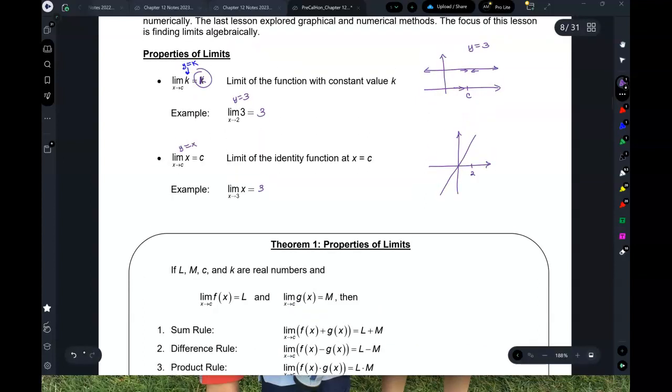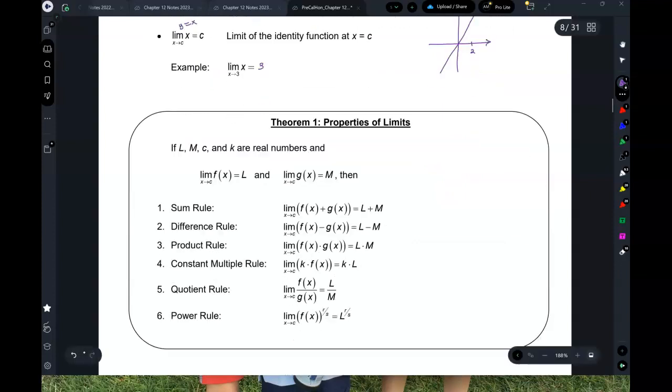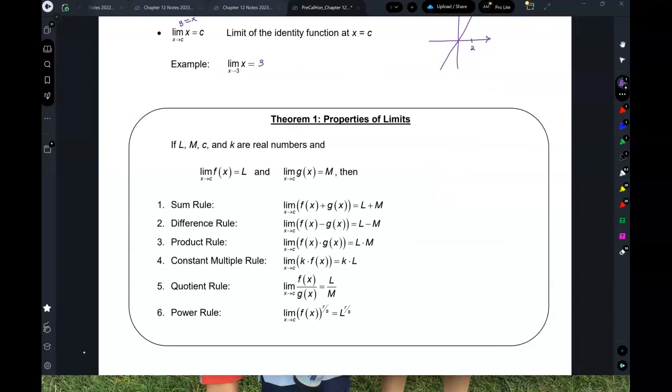Those are the building blocks, and you can basically break down any function into a constant and an identity function. So if you have two functions, f of x and g of x, and suppose the limit of f of x is L as x approaches c, and the limit of g of x is M. So as x approaches c, one function has a limit of L, one function has a limit of M. If you add the functions, the limits will add.